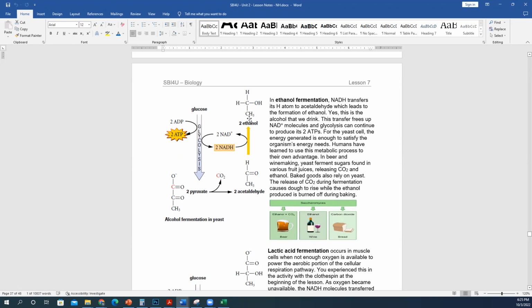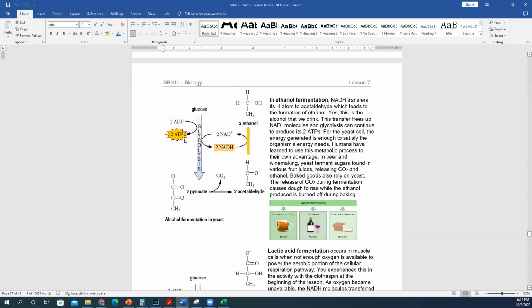And ethanol is exactly as you know it, the alcohol in alcoholic beverages. This transfer frees up NAD plus that can go back to glycolysis and keep glycolysis going to produce 2 ATPs for each run of glycolysis.